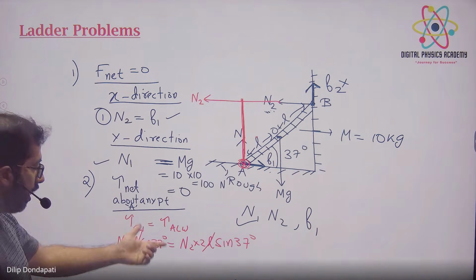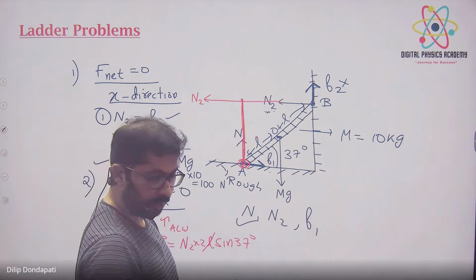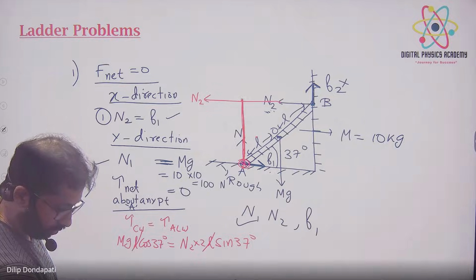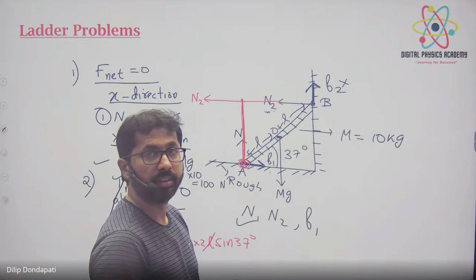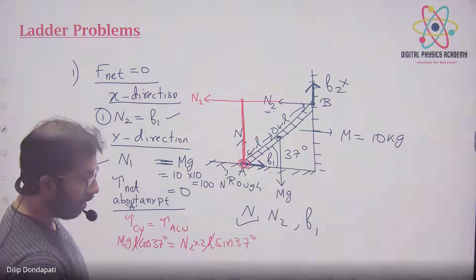Now solve and find N2. And N2 is nothing but friction. In decimal में आएगा बोलो. Sir, 166.66. आया?